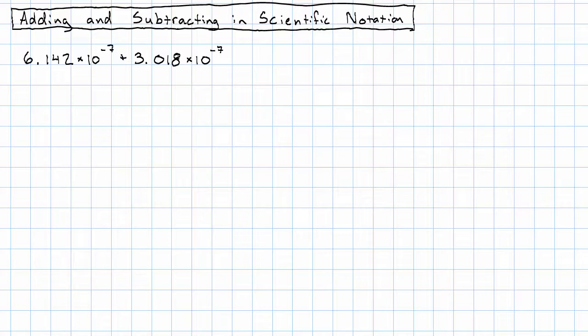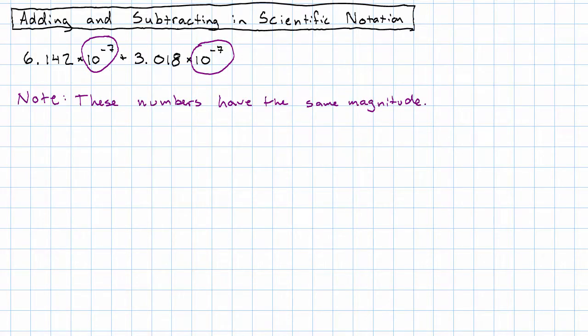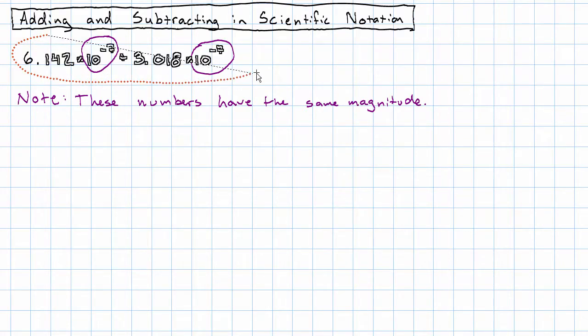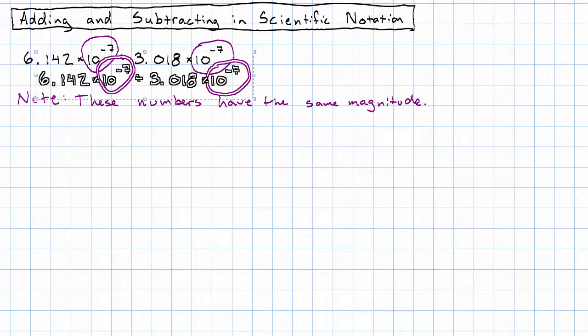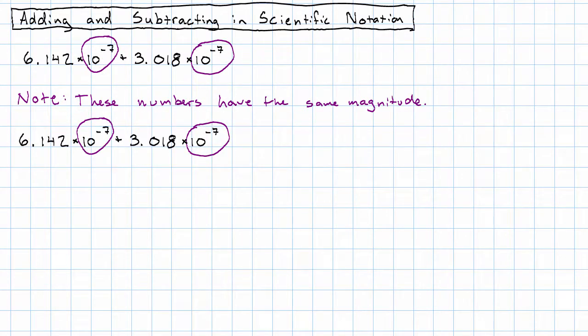Now, you're probably thinking that I didn't choose those numbers entirely at random. And you're right. I chose these numbers intentionally to have the same magnitude. And when we see two numbers that have the same magnitude, notice scientific notation is put together using multiplication.